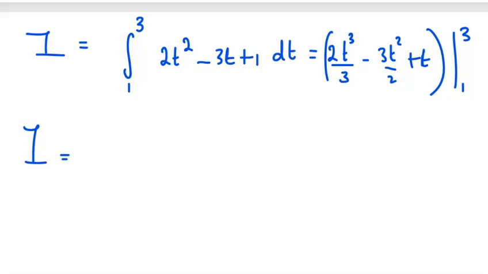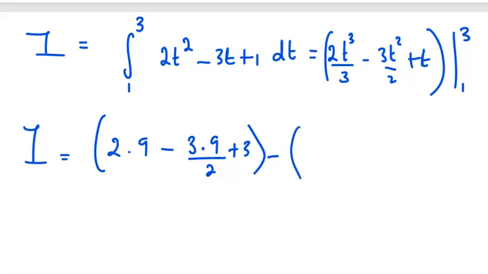Now let us carefully take our limit. Taking our upper limit first, we get 2 multiplied by 3 cubed divided by 3, that will give us 3 squared, which is 9, then minus 3 multiplied by 3 squared, which is 9, divided by 2, and then plus 3.